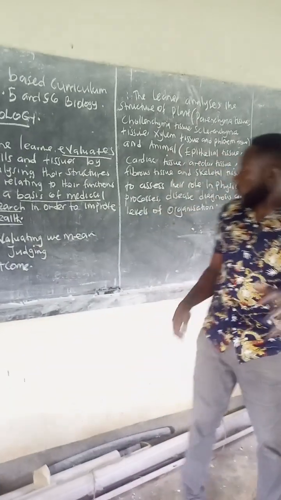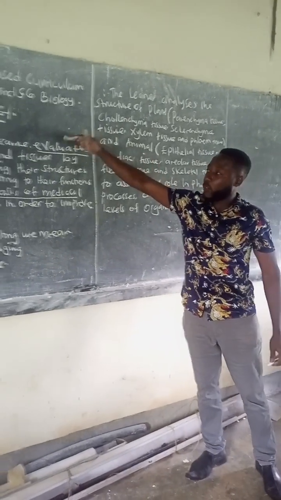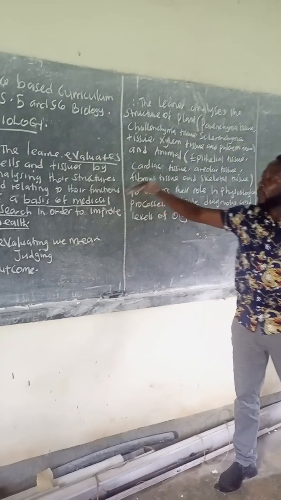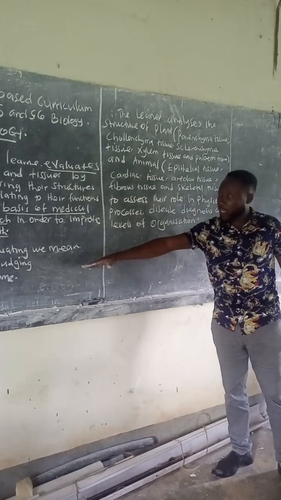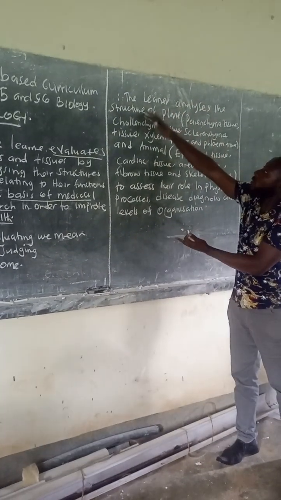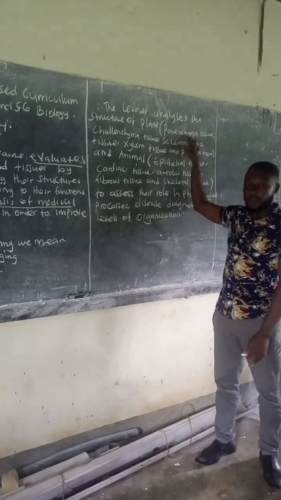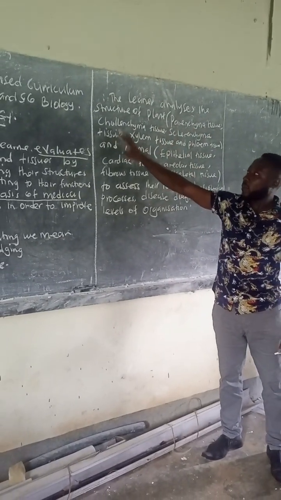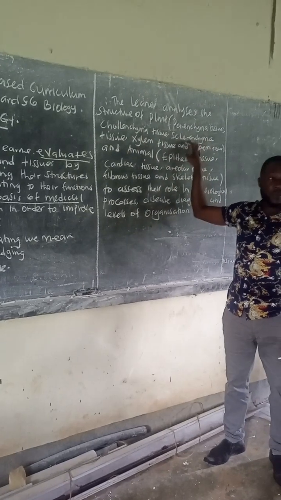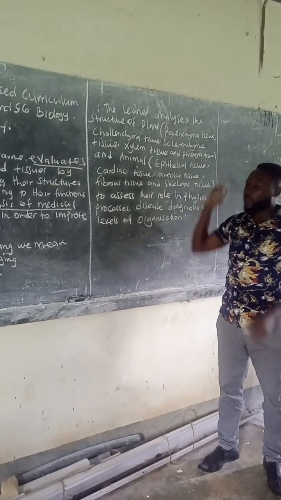So this is what we are saying: since this one is too big for the learner to achieve, it was broken down into a learning outcome, and our learning outcome is this one, which says the learner analyzes the structure of plant and animal tissues. We shall talk about the parenchyma tissue, the collenchyma, the sclerenchyma, the xylem tissue and the phloem tissue.